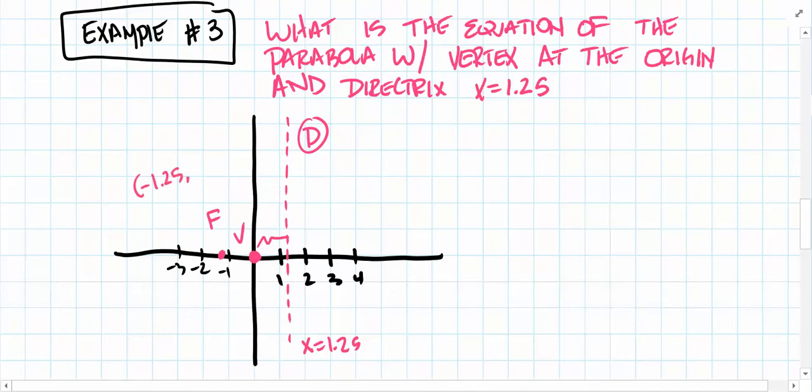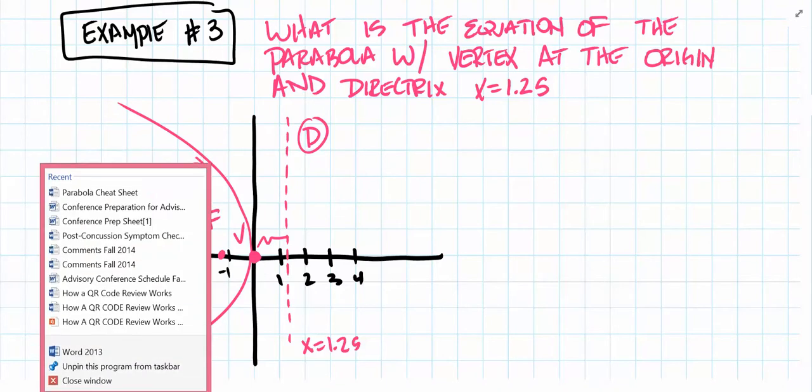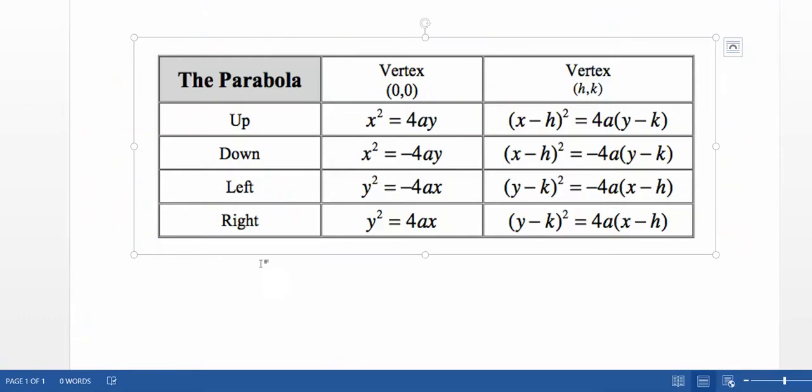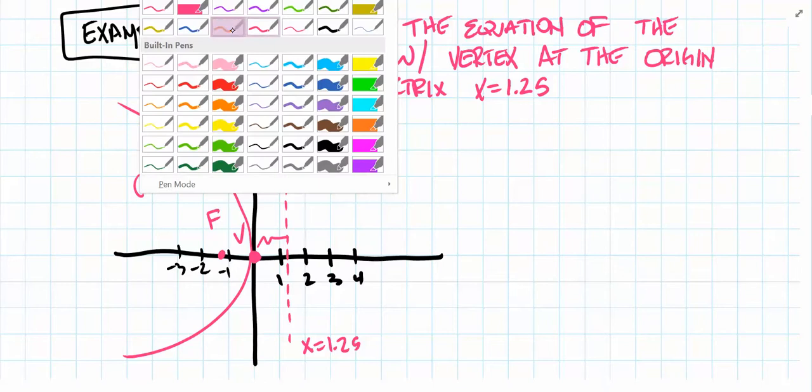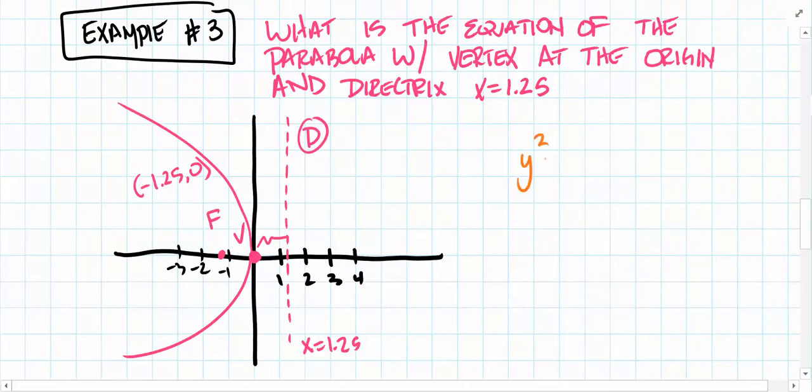And so my parabola is opening to the left, because my focus is to the left of the vertex. Let's check my cheat sheet here. Opening to the left, I'm going to have y squared equals negative 4ax. I'm going to go ahead and write that down over here, in orange: y squared equals negative 4ax.